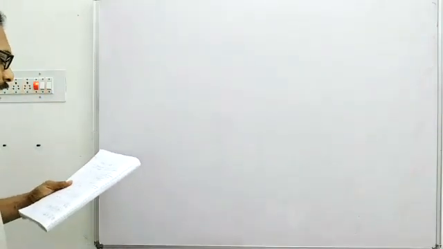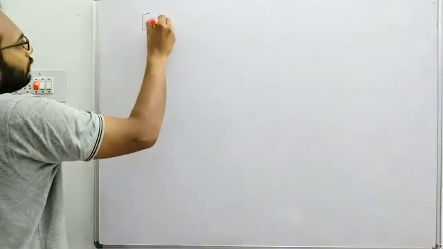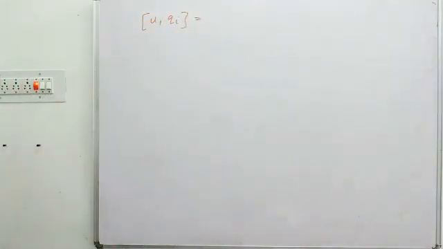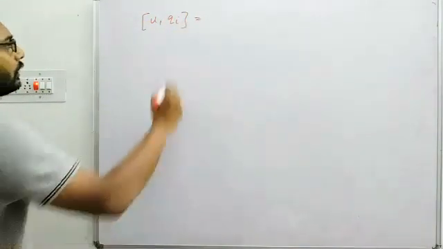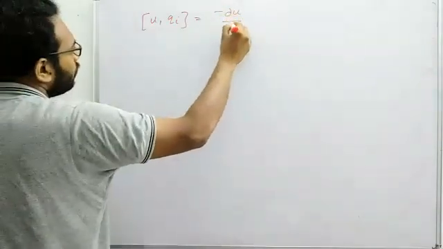We looked at some of the important properties, and another important property is this. If you have [u, qi], you can just check with the definitions, and you'll see that this is equal to minus dou u by dou pi.